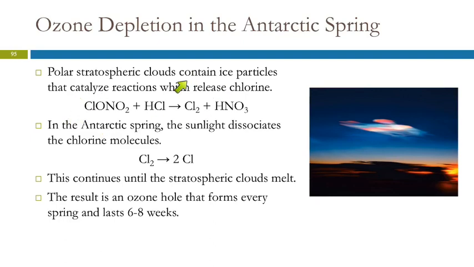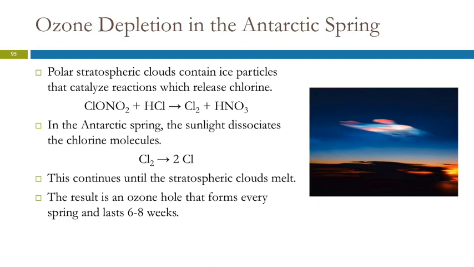So on these ice particles, these reactions occur, and chlorine gas is released. And then in the Antarctic spring, the sunlight dissociates those chlorine molecules, breaks them down into two atoms. And now we have chlorine atoms that can catalyze the reaction, the decomposition of the ozone.